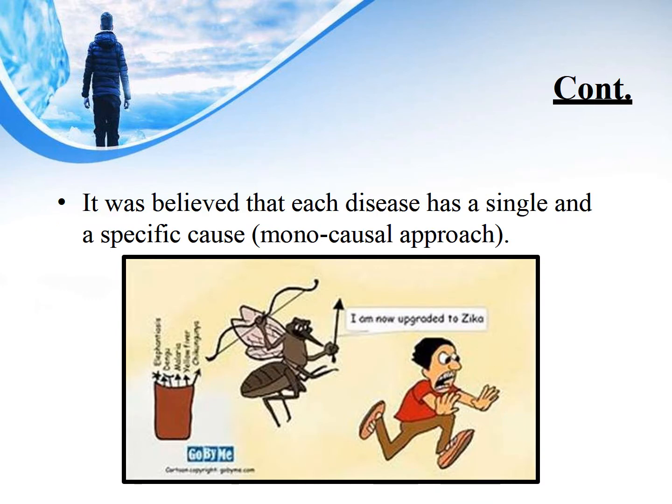In this model, it was believed that each disease has a single and a specific cause, a monocausal approach for developing disease. However, late in the 20th century, it was recognized that a disease is rarely caused by a single agent alone, but depends upon many contributory factors.